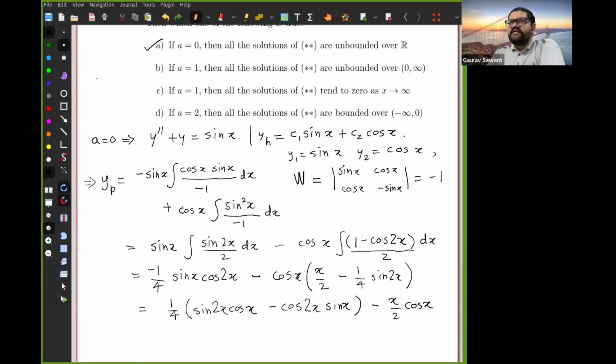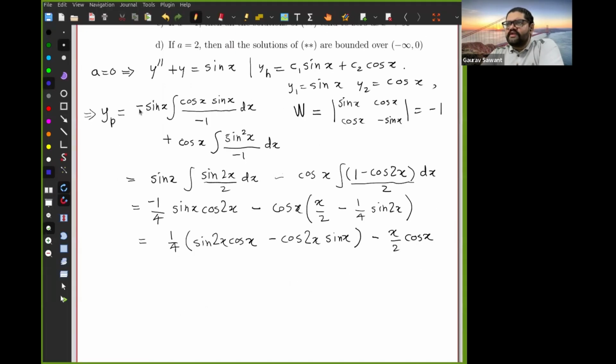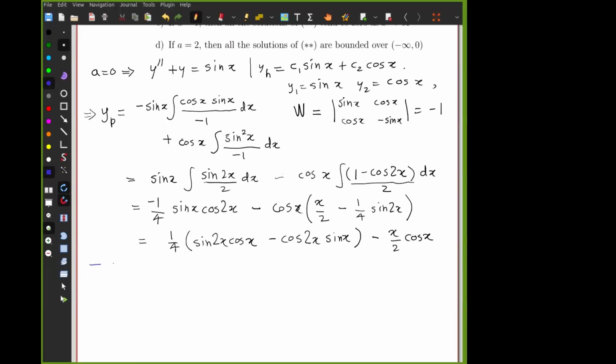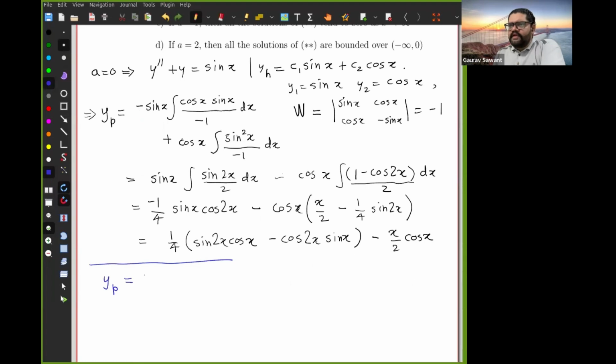Okay. Let me just write it in blue somewhere. So what happens when you use some constants of integration here? If I have yp equal to minus y1 integral y2 r dx over W, and then plus y2 integration y1 r dx over W, right?